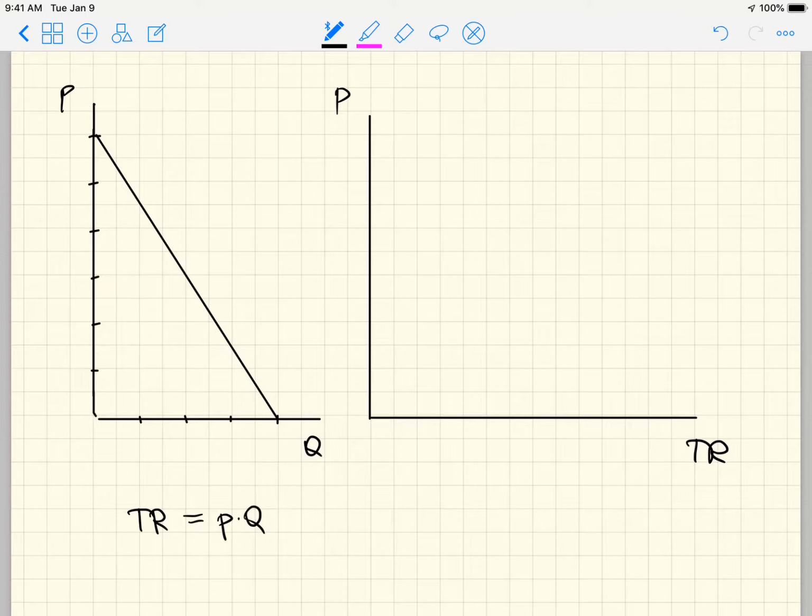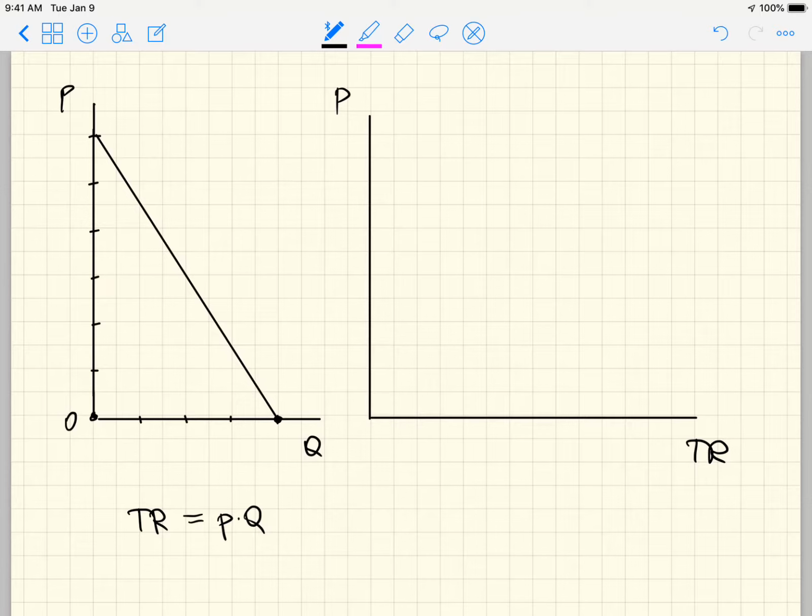Let's start with the diagram on the left and see how total revenue changes as we increase price. Let's say price was 0. What will be total revenue? Well, total revenue will be 0, right?